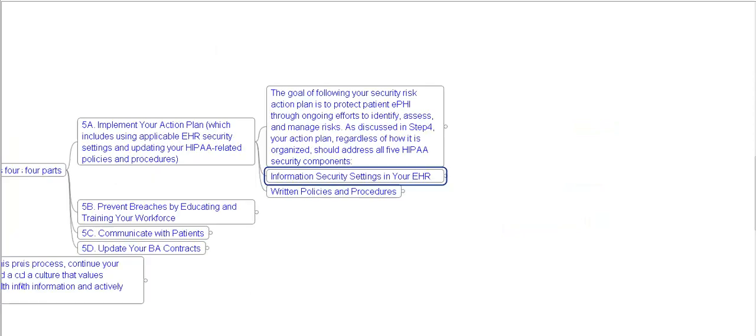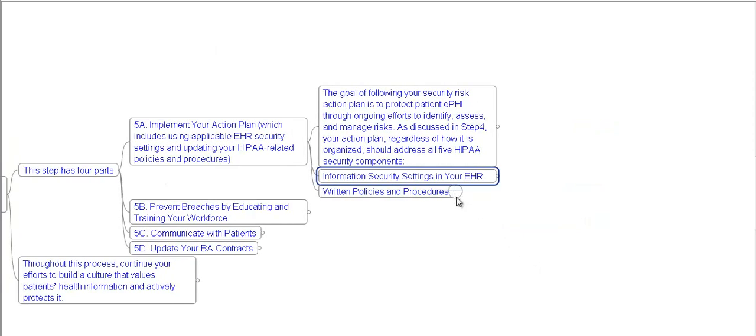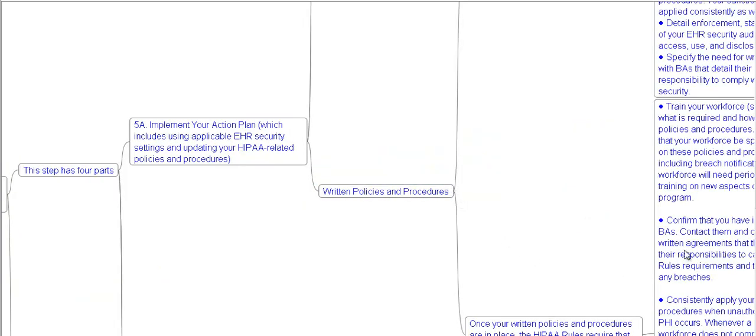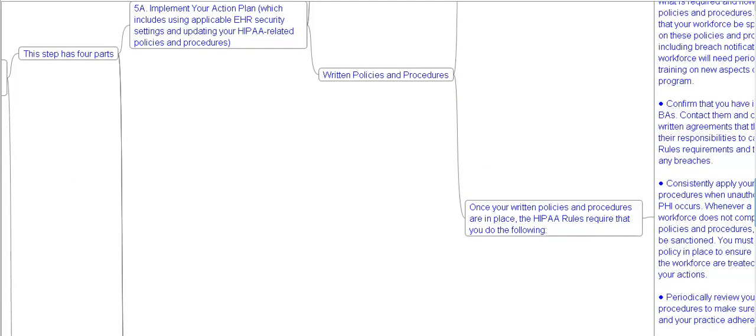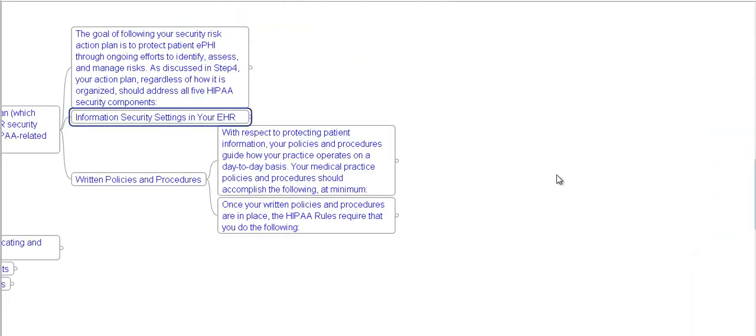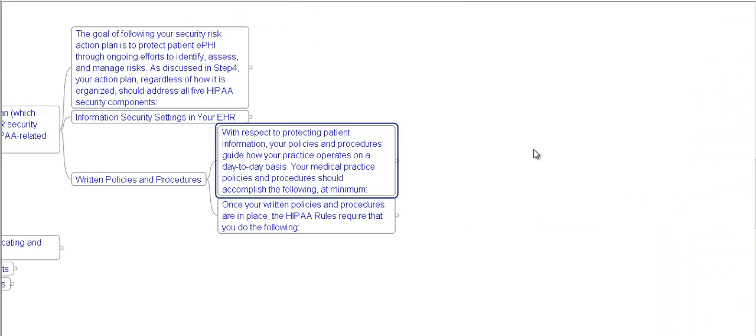Written policies and procedures. With respect to protecting patient information, your policies and procedures guide how your practice operates on a day-to-day basis. Your medical practice policies and procedures should accomplish the following at minimum.